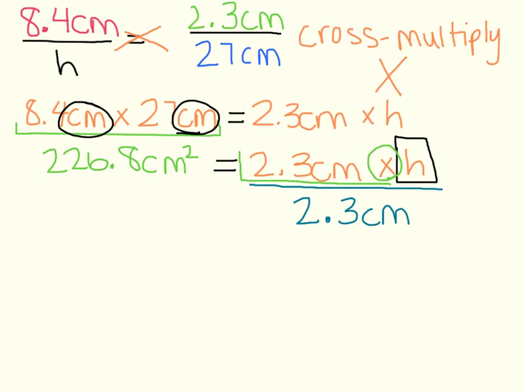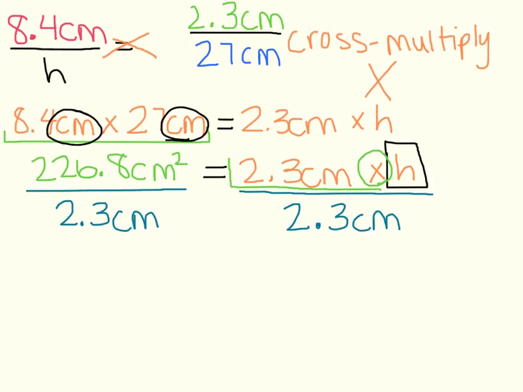Whatever you do to one side, you must do to the other. When we take 226.8 and divide it by 2.3, we get 98.61 centimeters.